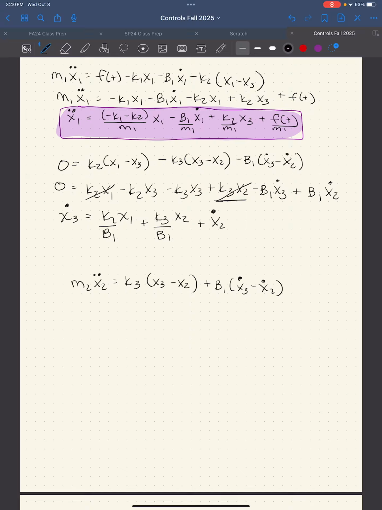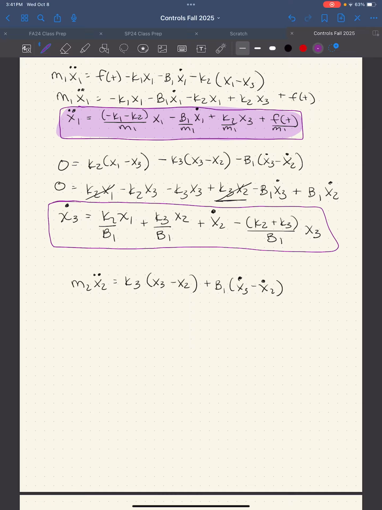And then my x3s. So minus (k2 plus k3) over b1 x3.